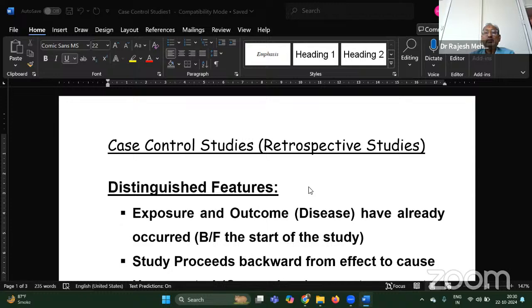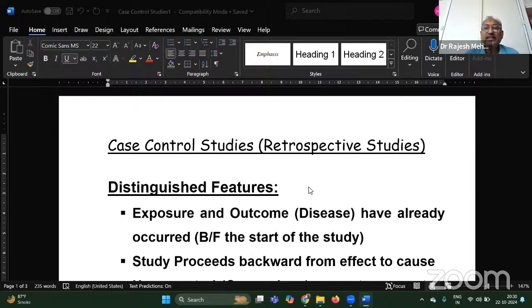And control is where that outcome is not present, something else. Typically, in case control studies, suppose you have a patient having cough, and a patient or person not having cough. There could be three possibilities. Suppose there is a patient of fever, then a patient with other symptoms other than fever, and no symptom.